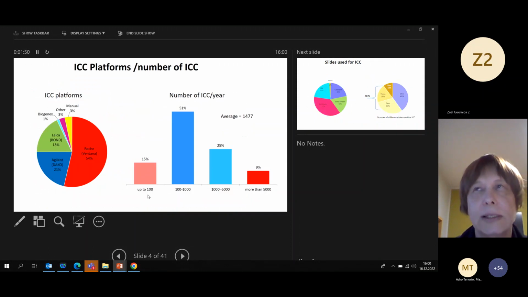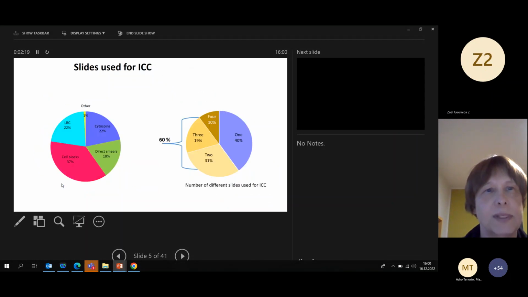So according to this ICC survey, we can say that ICC is extensively performed in European laboratories, with an average number of yearly performed ICC of approximately 1,500. And as you can see, the majority of laboratories perform ICC on one of the available automated platforms.